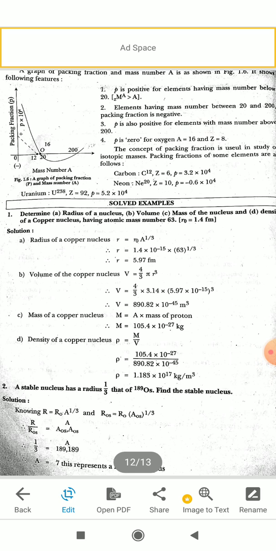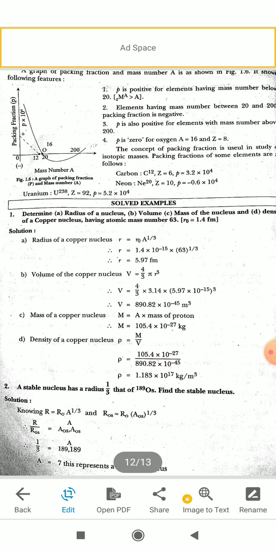So 1.4 into 10 to the power minus 15 into the cube root of 63. If you calculate it, we will get 5.97, that is nearly equal to 6 Fermi or femtometer.